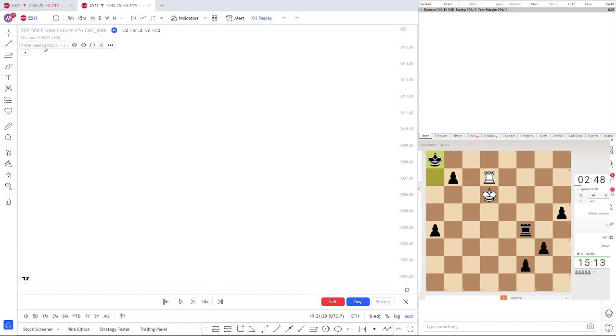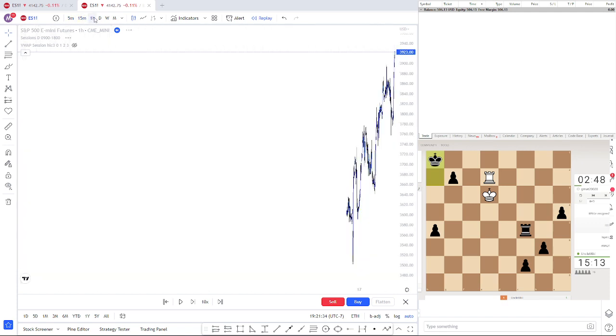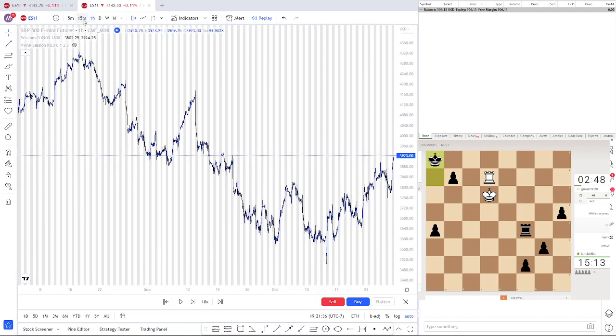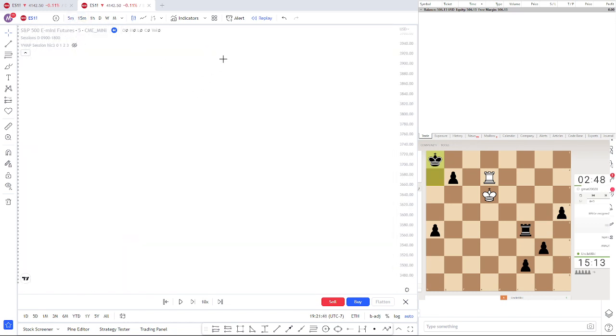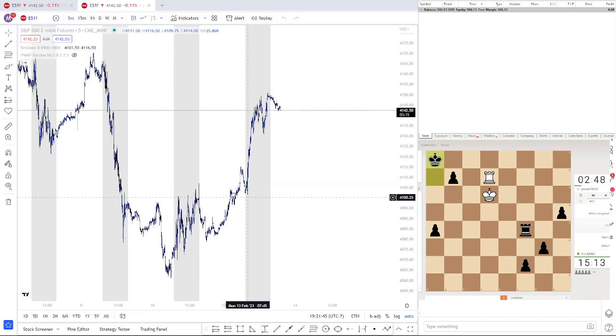It doesn't go past this. What the hell? I don't know how to use this. 15 minutes does go further back though, but 5 doesn't. It's annoying.